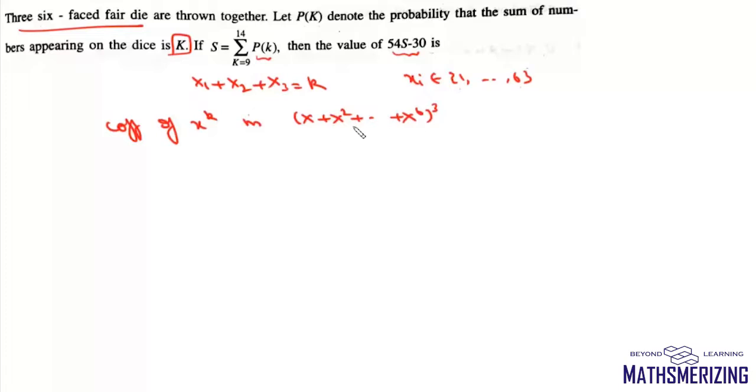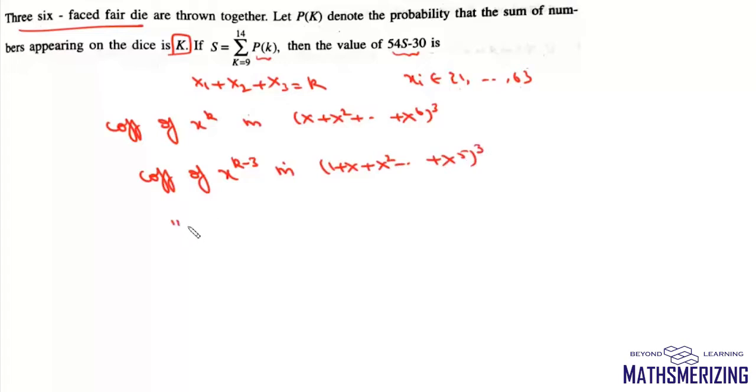Now we can take x cube common, so basically we have to find the coefficient of x to the power k minus 3 in the expansion of 1 plus x square up to x to the power 5, to the power 3.